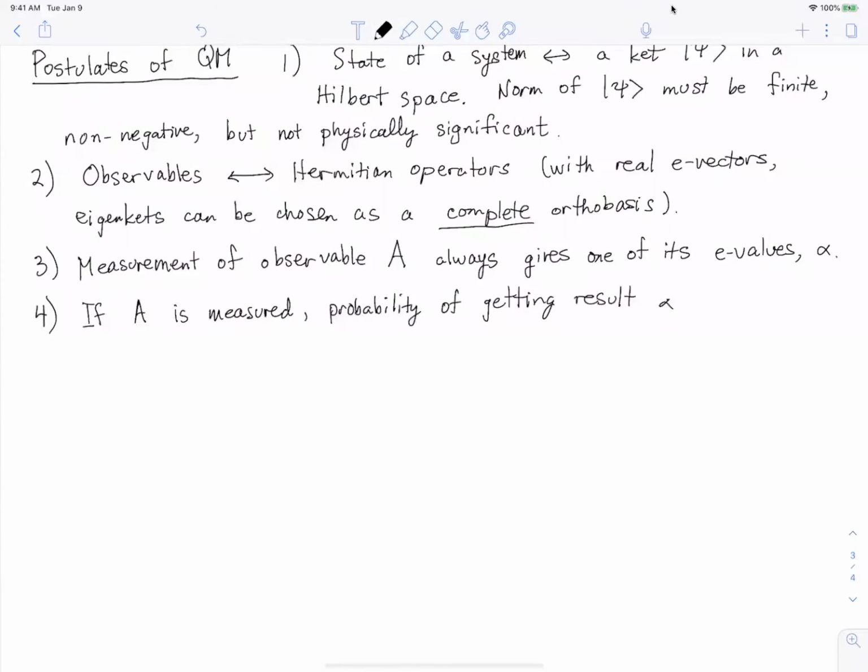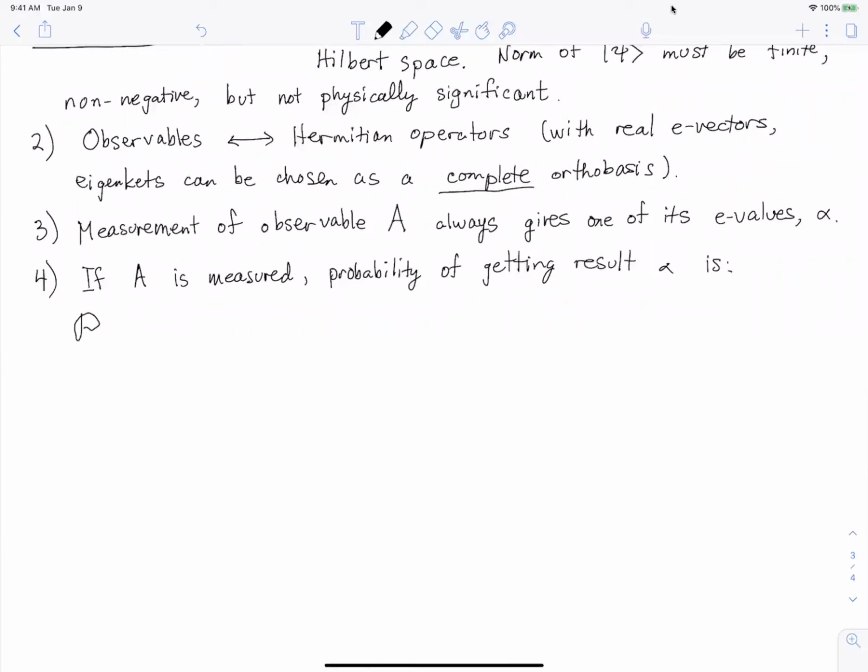We have lots of things that start with the letter P, unfortunately, so I'm going to call probability curly P. The probability of getting the result alpha is, according to this postulate, the sum over all rho sub alpha of the absolute value of the inner product of alpha rho sub alpha with psi, squared.